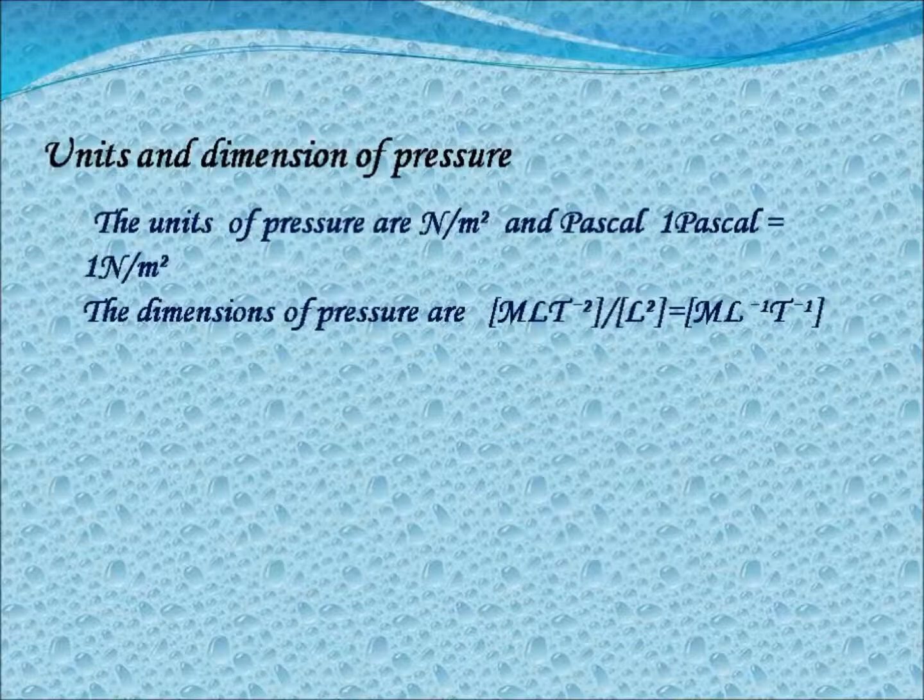Thus pressure at a specific point, with specific force delta F acting on a small area delta A, is given by P is equal to limit delta A tending to 0 of delta F upon delta A, or we can say dF upon dA. So the pressure at a point is given by dF upon dA.